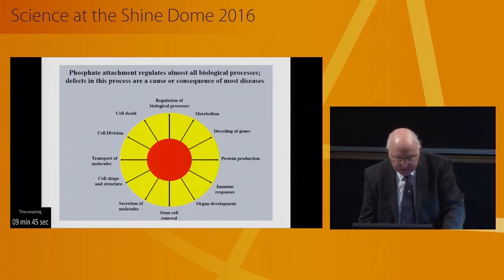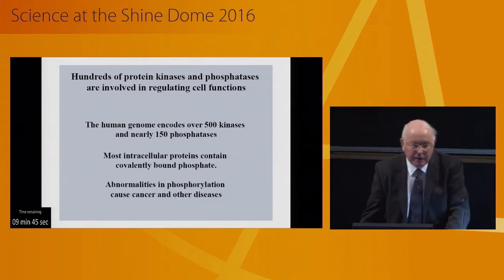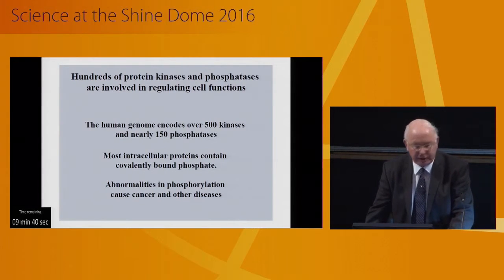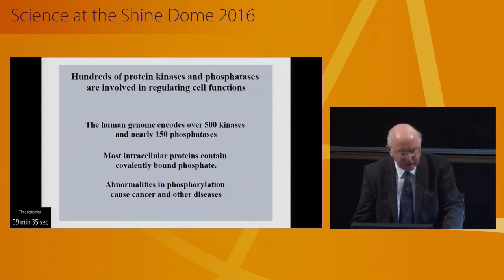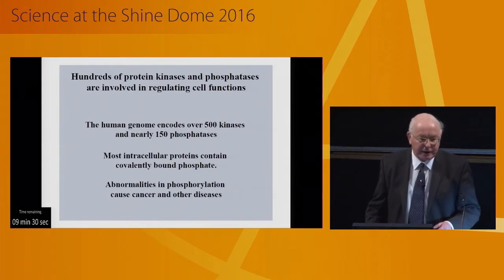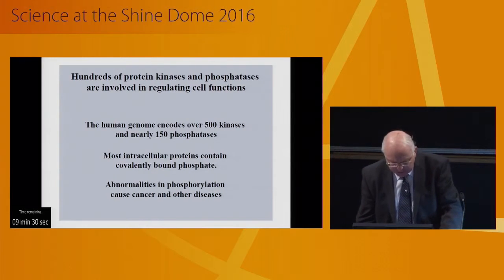When the human genome eventually was sequenced about 15 years ago, it became clear that there are over 500 kinases and 150 phosphatases. So several percent of all the proteins encoded by the human genome are actually these regulatory enzymes.